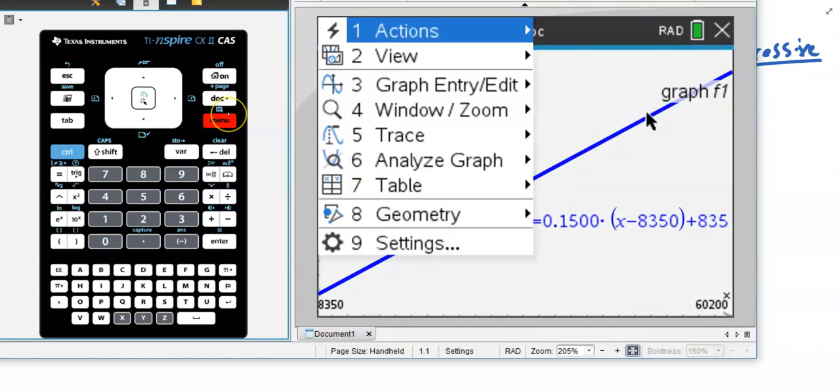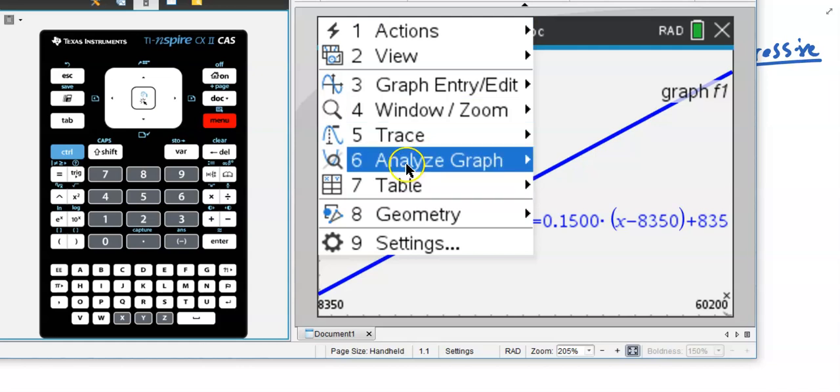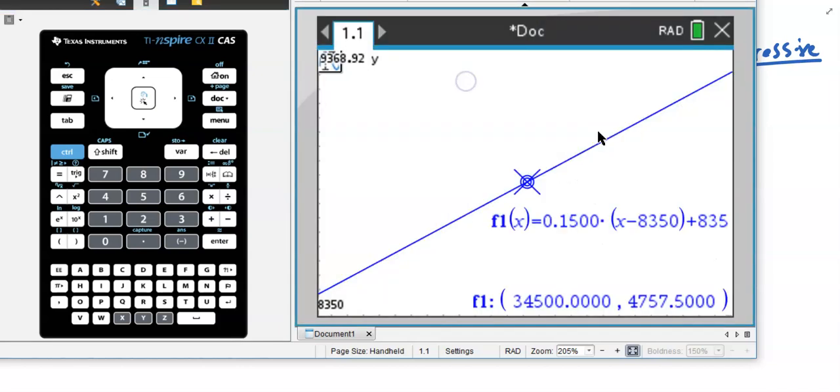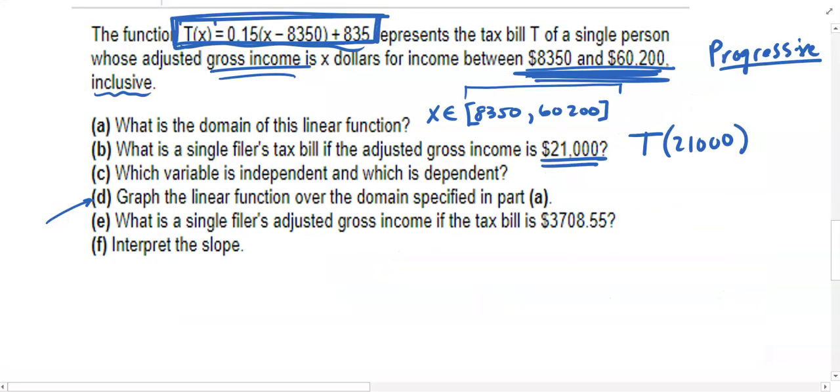And to answer question, I believe it's E or D at this point, we can use the graph trace option. We would like to know what's the adjusted gross income if the tax bill is equal to 3708. Sorry, I misread that the first time. We can't use the trace function here.